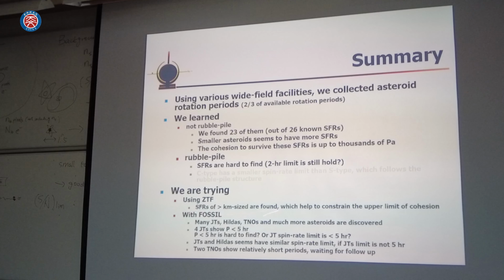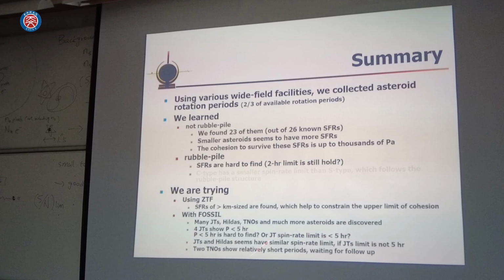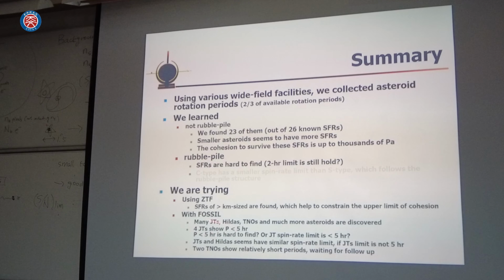And using the FOSSIL project, we found many Jupiter Trojans, Hildas, TNOs, and much more Main-Belt asteroids. And we found 4 Jupiter Trojans which have rotation periods shorter than 5 hours. A rotation period shorter than 5 hours is still hard to find for Jupiter Trojans.